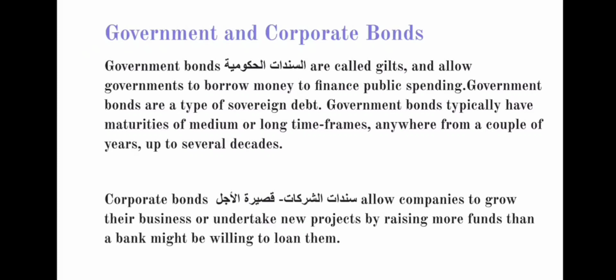Government bonds typically have maturities of medium or long time frames, anywhere from a couple of years up to several decades. Corporate bonds allow companies to grow their business or undertake new projects by raising more funds than a bank might be willing to loan them.